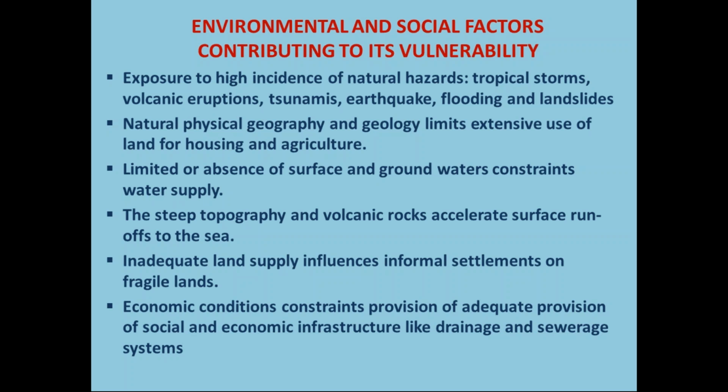We have problems of limited or absent surface and groundwater that constrain water supply, and that's why most of the islands depend on desalination for water supply. The steep geography and the volcanic rocks accelerate surface runoff to the sea. Inadequate land supply influences informal settlement, as I will show you in the pictures, and economic conditions prohibit the provision of social and economic infrastructure.